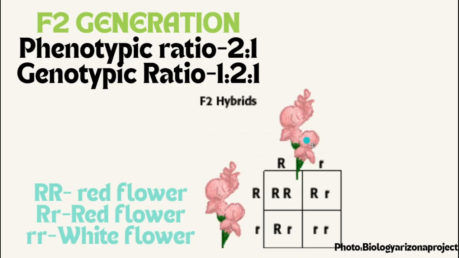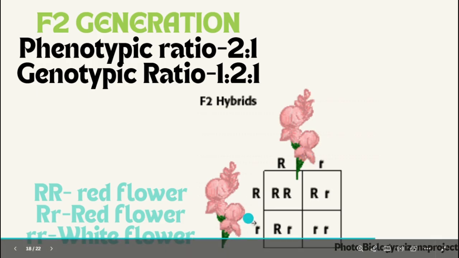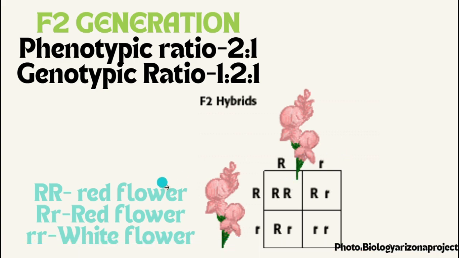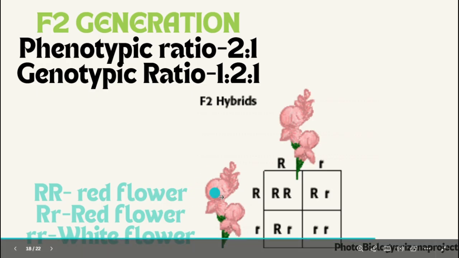Now when we go to the second generation, if a heterozygous crosses with another heterozygous, in this case we have big R for red flowers, big R, little r for also red flowers, and little r for white flowers.